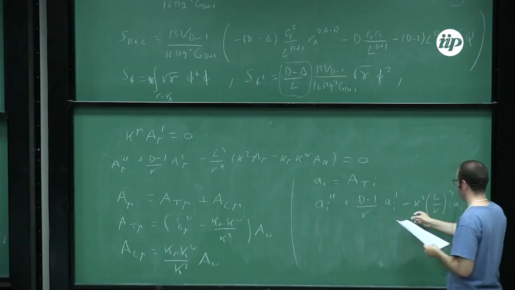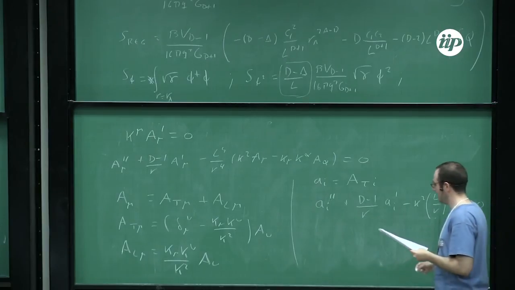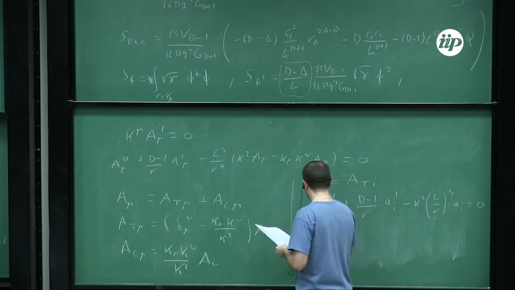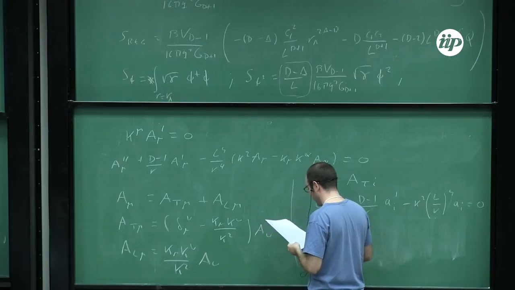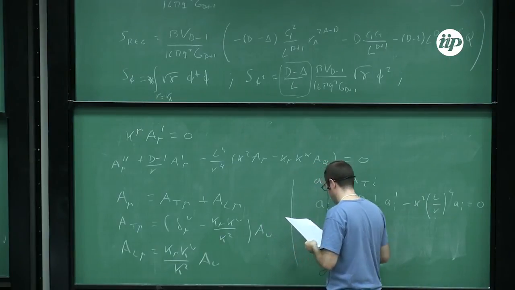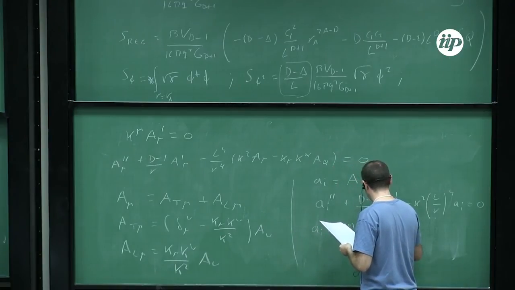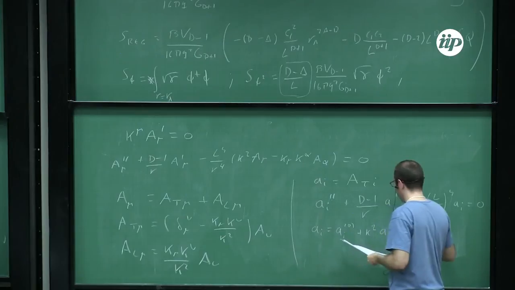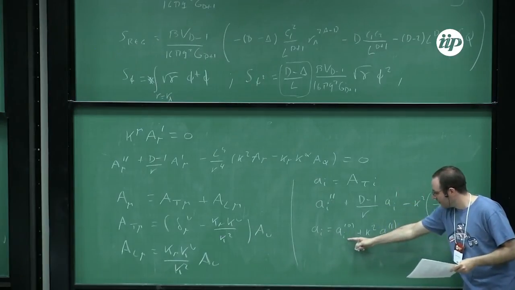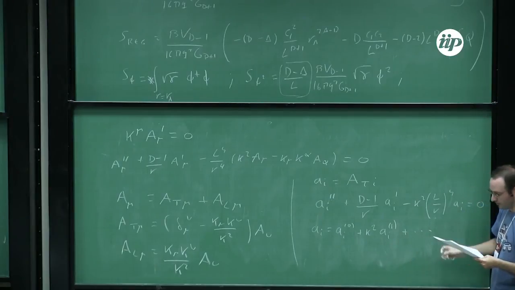Okay, so this is d momentum, it involves the frequency and the spatial momentum. And we are going to expand for a small momentum. We're interested in the low frequency behavior and zero momentum. So we expand: there is a leading term, and then there is an order k squared term, and so on and so forth.